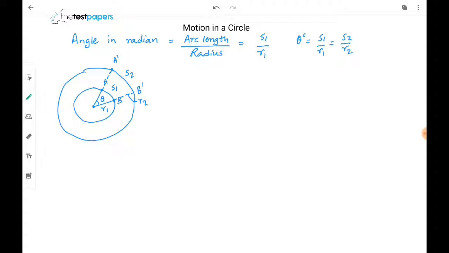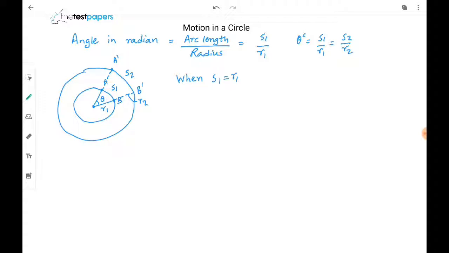Now let us say, for the sake of assumption, that we increase the angle theta. If you increase angle theta, then you increase the arc length, and we can keep increasing theta until the arc length becomes a value which is equal to the radius. So there comes a point when S1 becomes equal to R1.